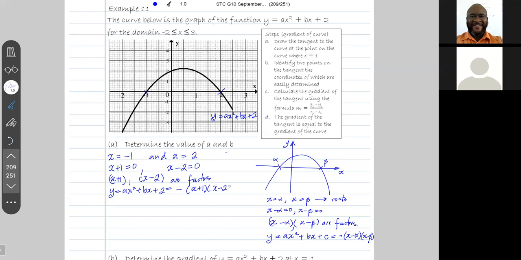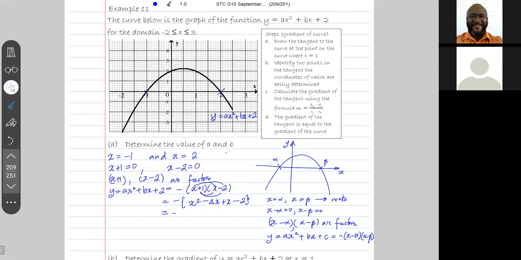We can deal with the multiplication first before we deal with a negative sign. So negative x times x is x squared. x times minus 2 is minus 2x. 1 times x is x. 1 times minus 2 is minus 2.